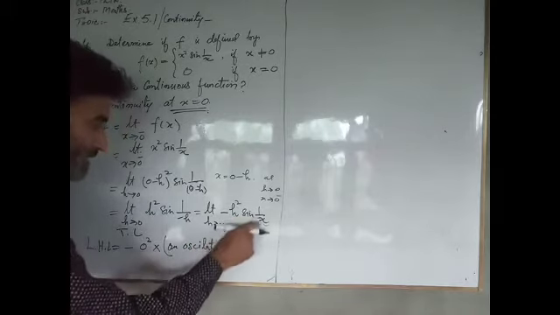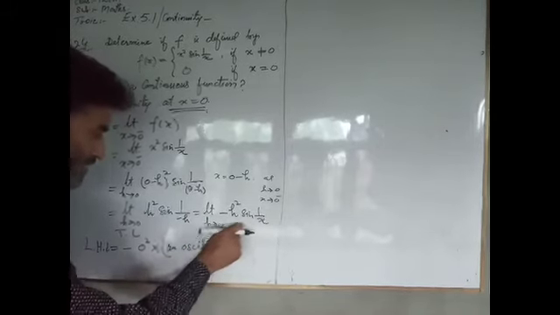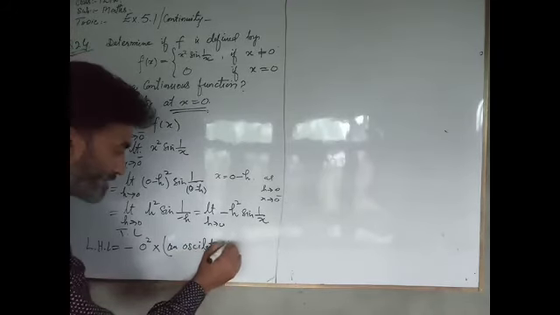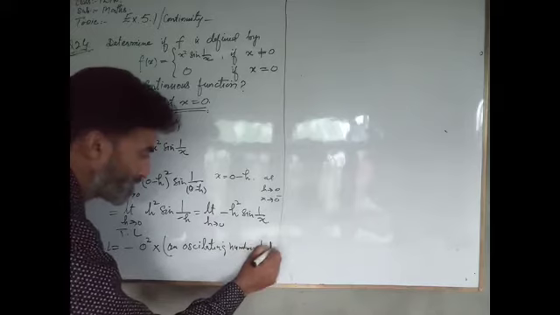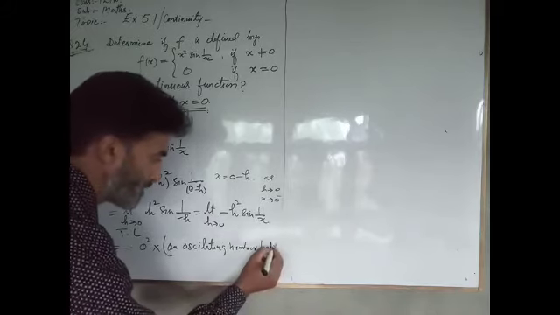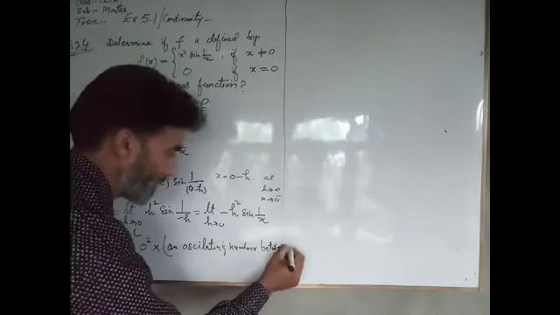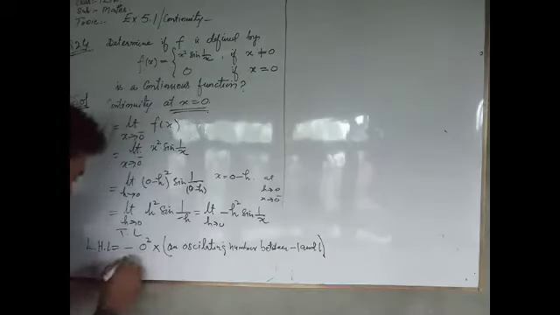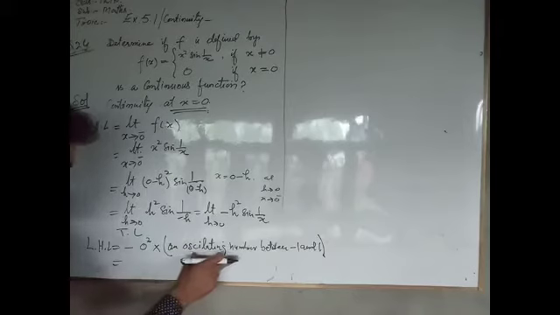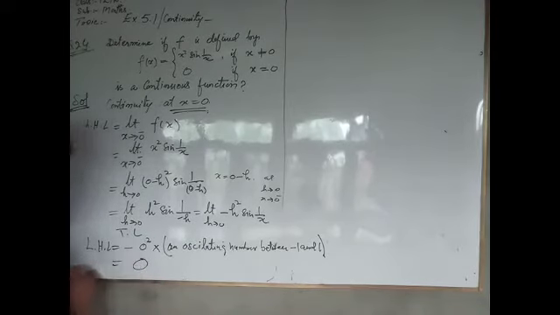When we take sin(1/x), h approaches 0, it will become an oscillating number between -1 and 1. So it is equal to 0 into something, it will be equal to 0. So the left hand limit is equal to 0.